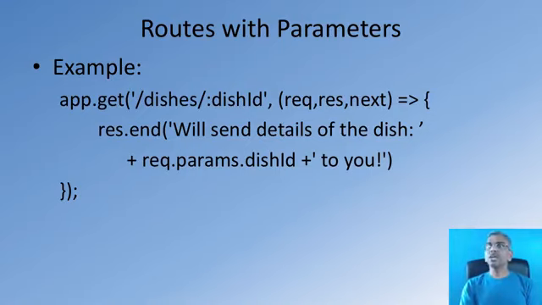The dishId parameter itself can be obtained by using the request object, on which the params property is supported. The params property holds all the incoming request parameters, and dishId in particular is one of those request parameters, which can be accessed as shown in the code here.